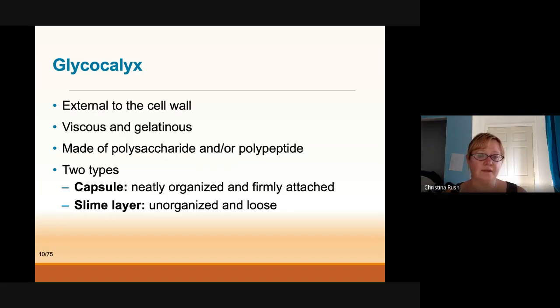Or we can have a slime layer, and I like the name, that's fun, slime layer, but it's unorganized and loose. It's going to have some lipids stuck in there as well. And it's not easy to stain because it's not going to be this nice regular circle around there. It's going to kind of stick out a little bit more. A slime layer is very useful for biofilm formation.